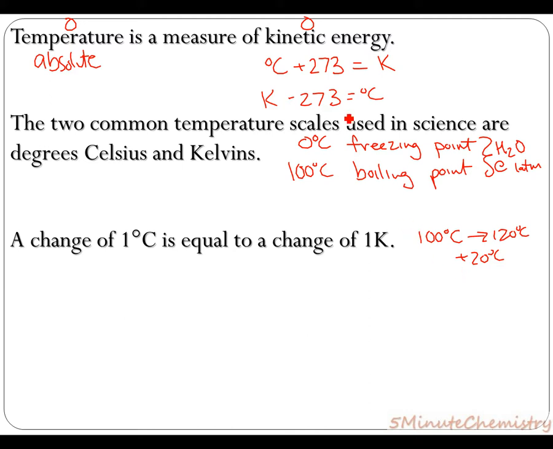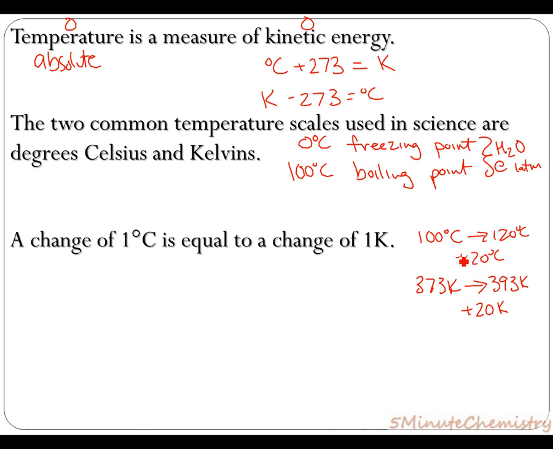Well, if we do our conversions and add 273, 100 plus 273 gives us 373 kelvins, and then 120 plus 273 gives us 393 kelvins. And if you check the difference here, 393 minus 373, we still gained 20, but this time the unit is kelvins.